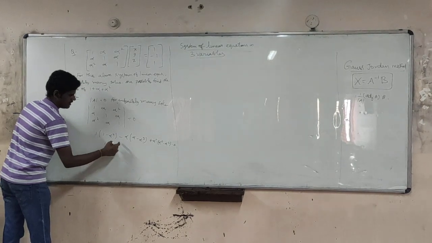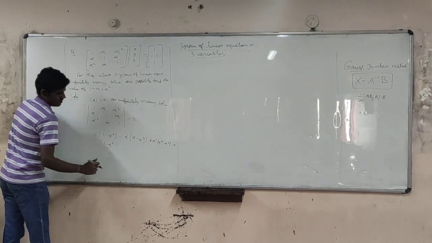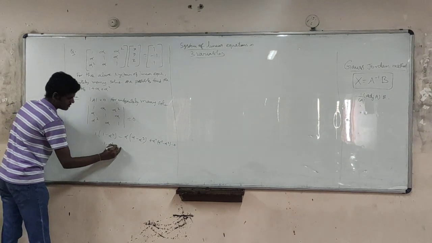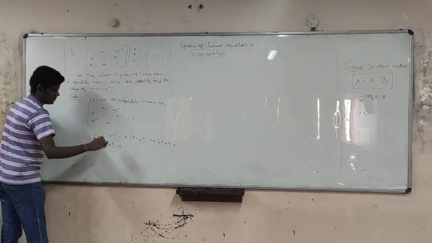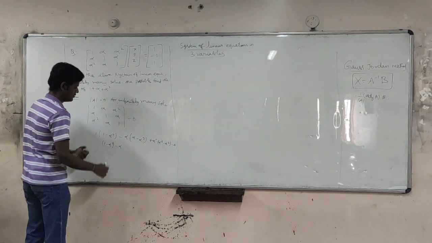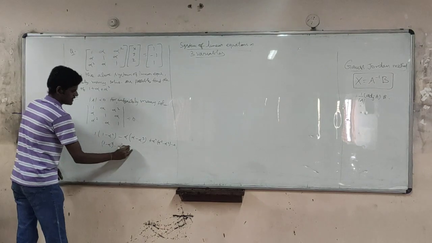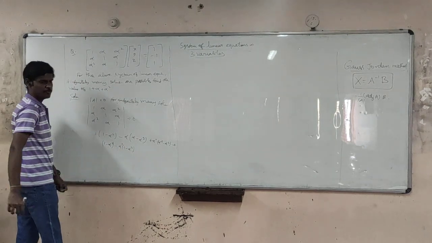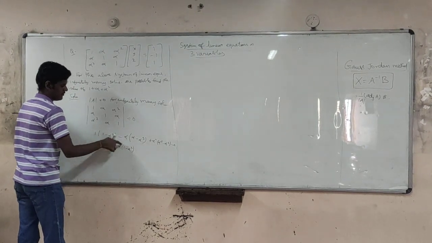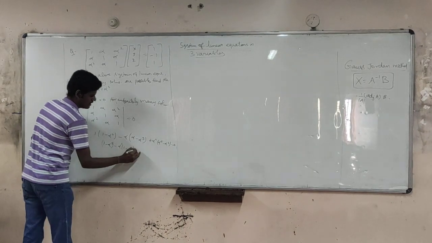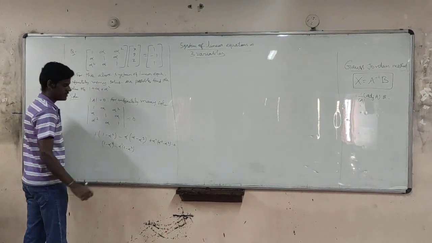This is 1 minus alpha square plus, taking alpha outside, 1 minus alpha square can be grouped in one bracket. Then we have the same factor again. Taking alpha outside, we get alpha into alpha 1 minus alpha square. This alpha square minus alpha square is 0.